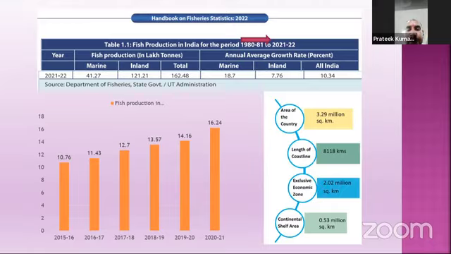So we can understand that two important factors are playing a great role: the first is capture and the second is culture. The Department of Fisheries and state governments have explained it with this type of data.